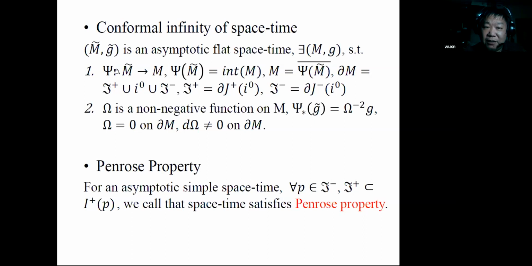M is a little bigger than M tilde, and the boundary of M is composed of three parts.